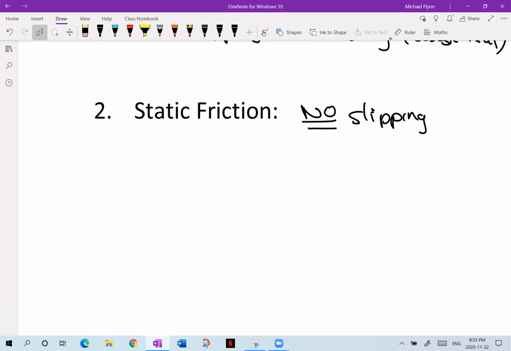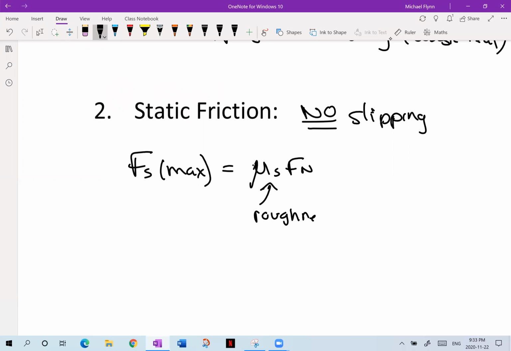Now it turns out that the maximum force of static friction, so let me write it like this, force of static friction, and I'll put in brackets max, the maximum possible value is equal to mu s Fn. Again, it depends on similar things. This has to do with roughness. The two coefficients can be equal for the same two surfaces, but not necessarily, okay?